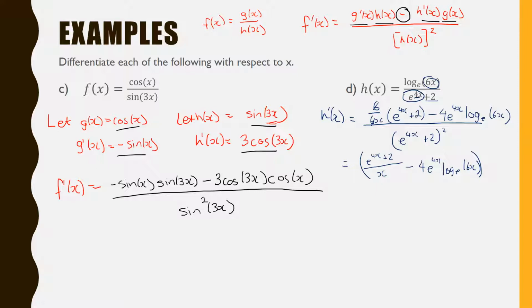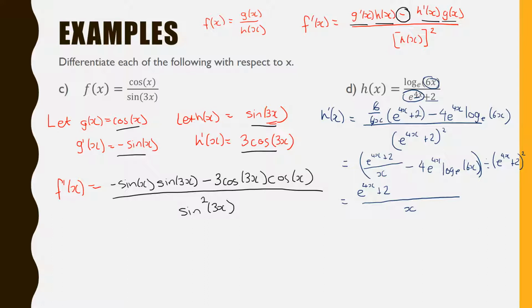Now it's tricky having fractions in fractions, so let's think, here's our numerator. We want to divide it by the denominator, e to the power of 4x plus 2 squared. Our numerator that we have here, we need a common denominator. The lowest common denominator would be x. We already have an x in the first part here.